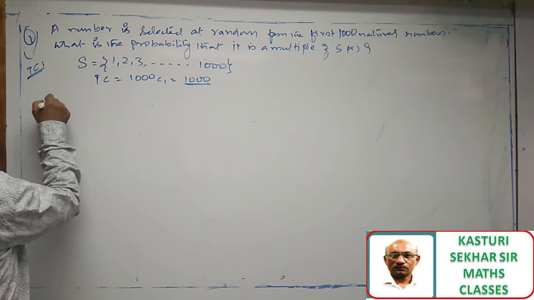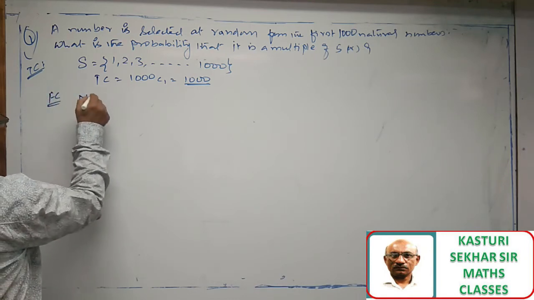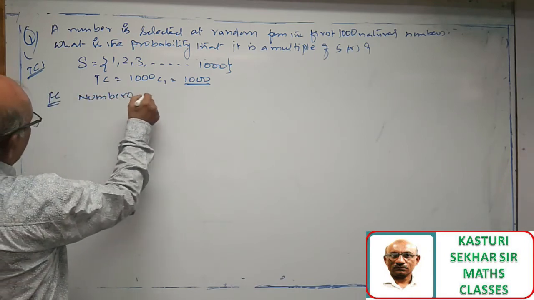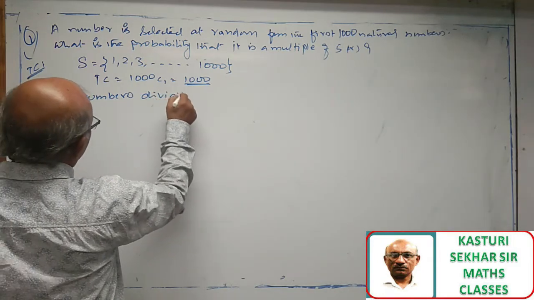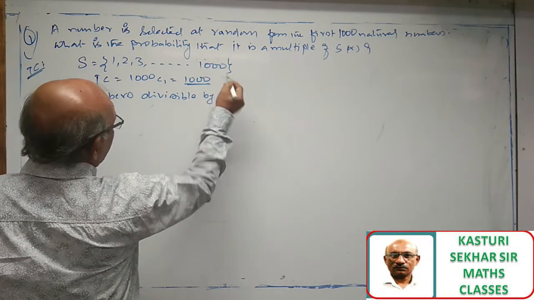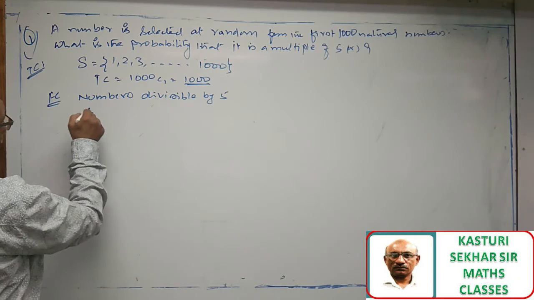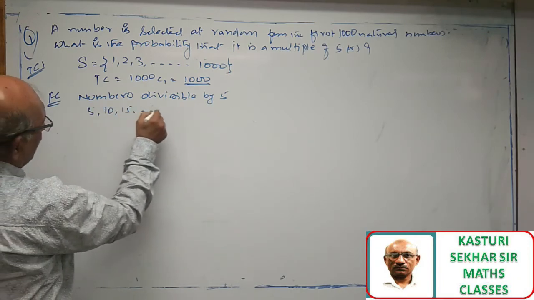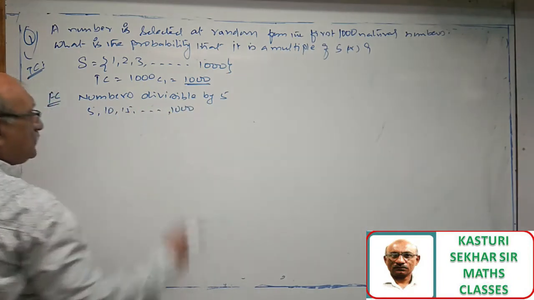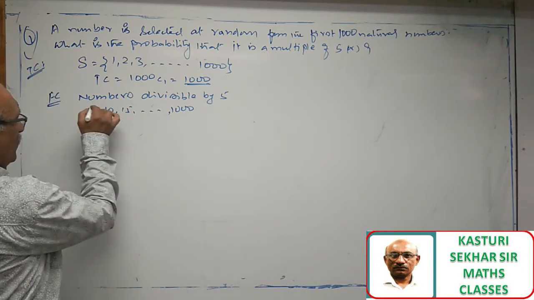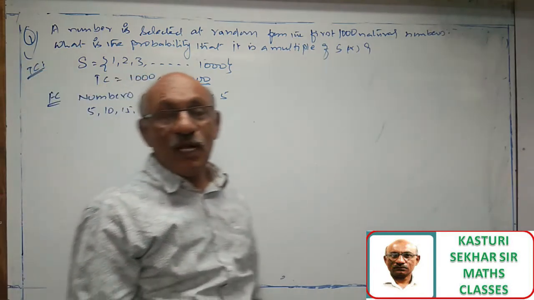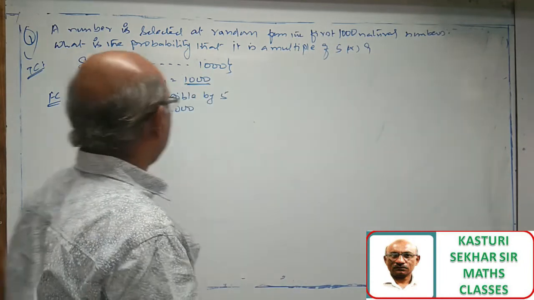Now, favorable cases. Numbers divisible by 5: 5, 10, 15, etc., up to 1000. This sequence is in arithmetic progression with the common difference as 5.